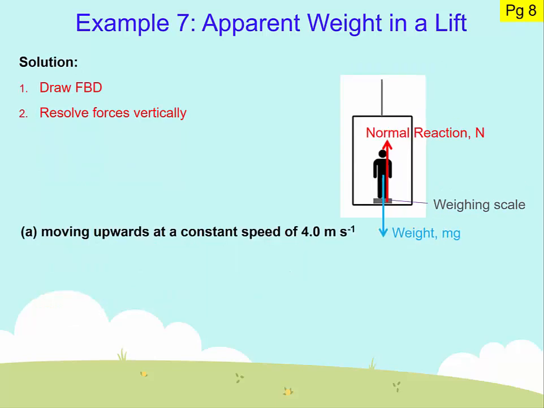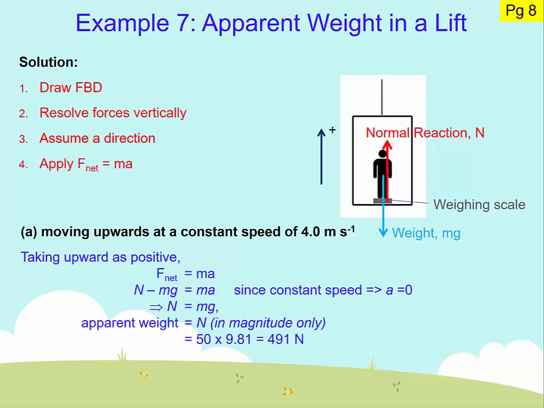Part A, if the lift is moving upwards with a constant speed of 4 meters per second, and we take upwards to be positive, so assume a direction, apply the formula. So N is upwards, so N is positive, mg is downwards, so it's negative.